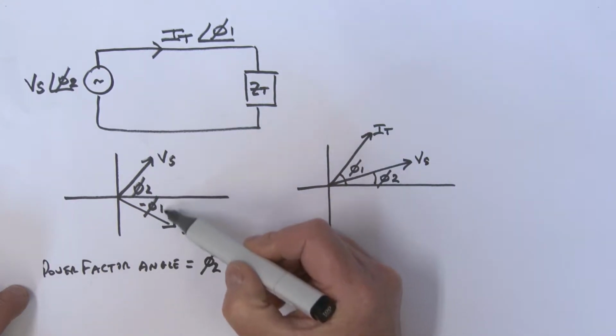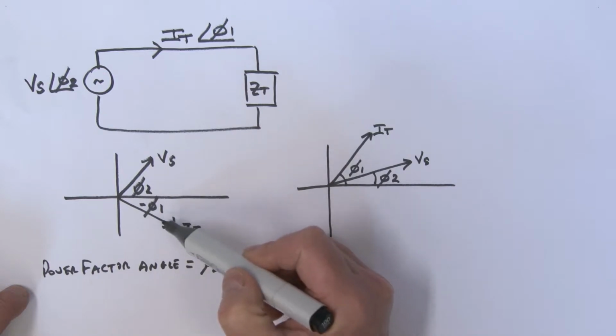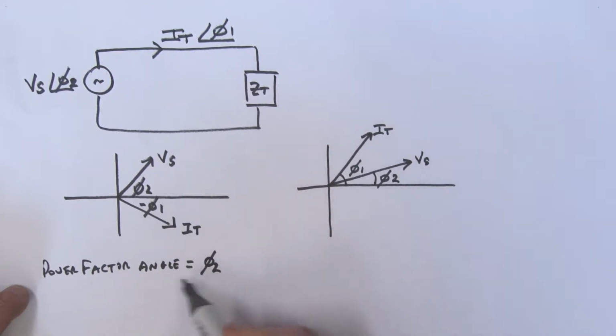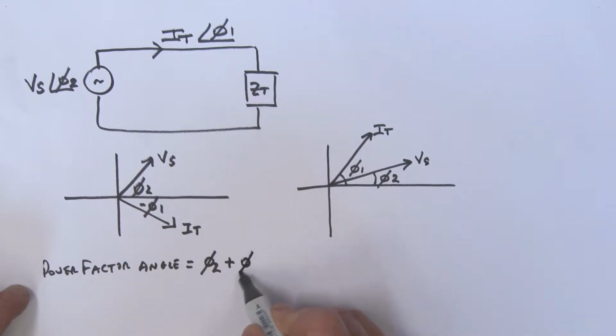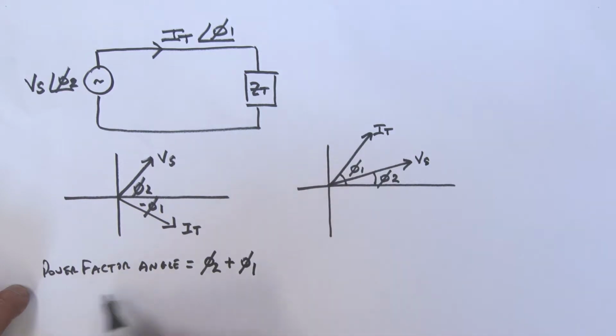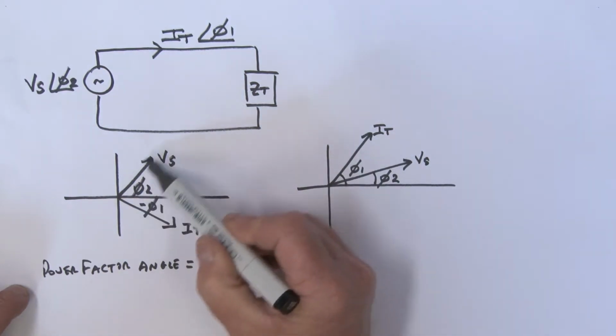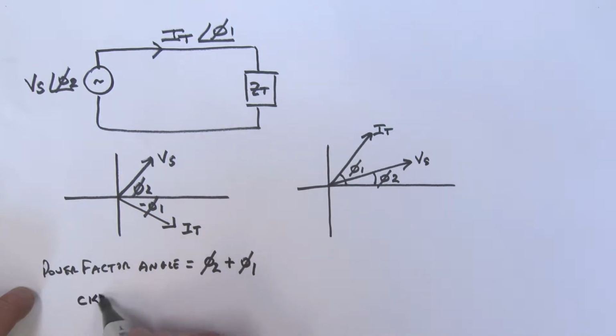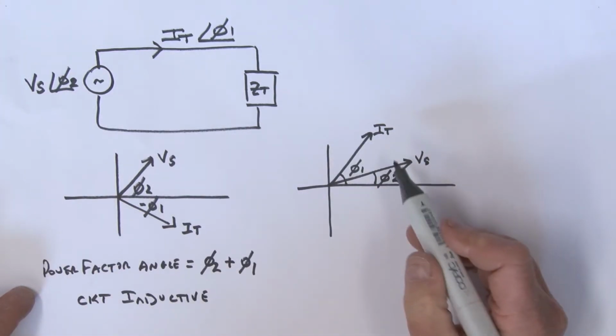And of course, when you take the complex conjugate of the current, the angle changes sign, it becomes a plus, so it's really plus phi 1. In this case, because the voltage leads the current, we can say that the circuit is inductive.